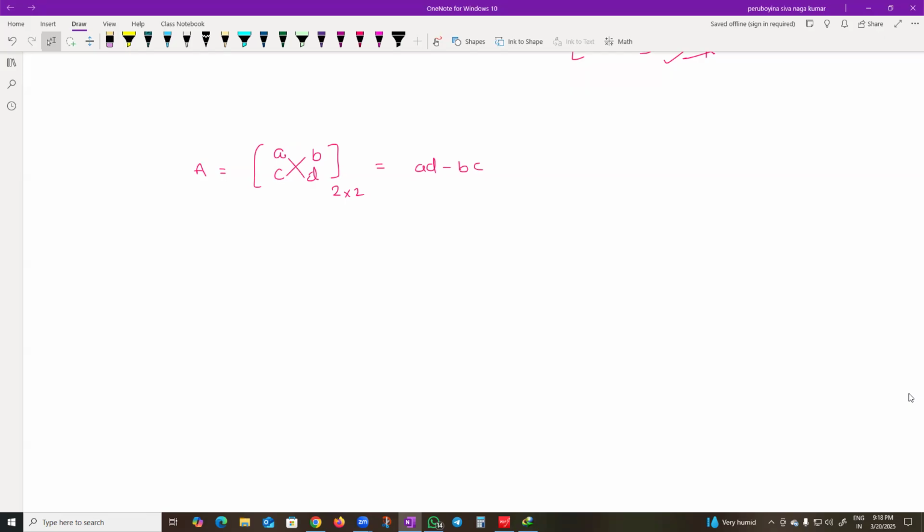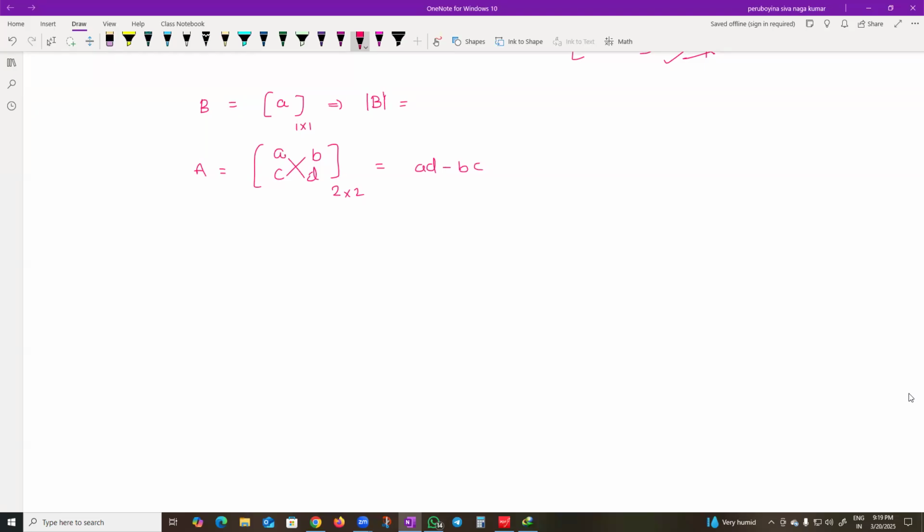And what about, for example, a 1 by 1 matrix? How does a 1 by 1 matrix look? It looks like this. And if you need to calculate its determinant, we will indicate it with these vertical lines. Don't get confused between determinant and matrix.